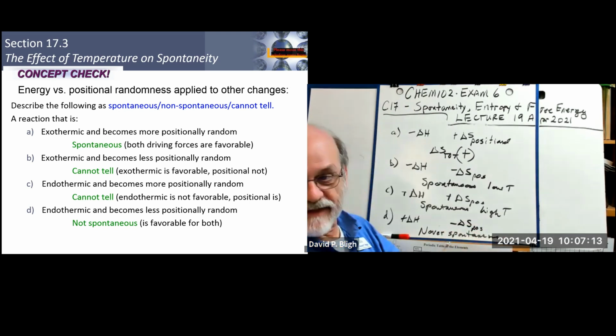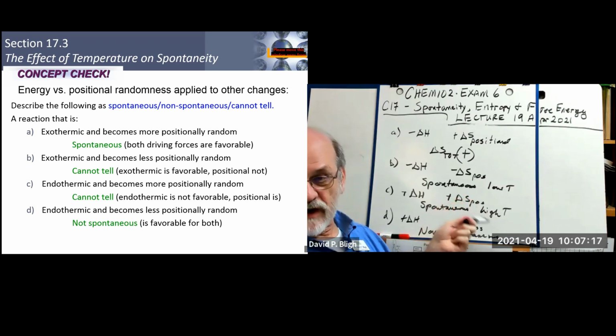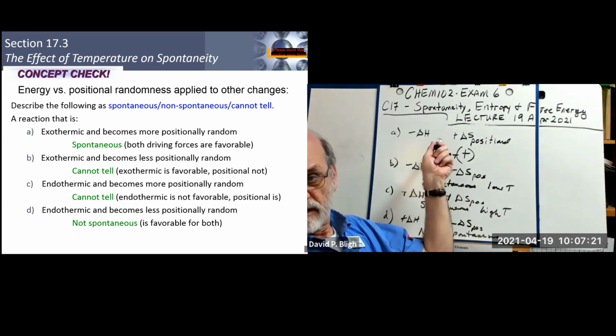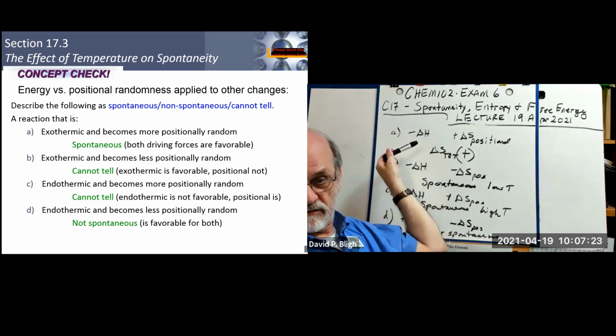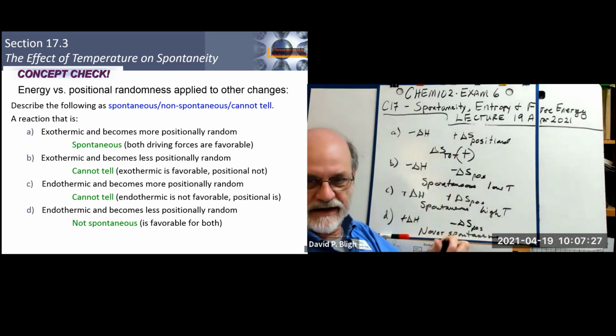But what do we say about that? It's not spontaneous in one direction, but it is in the other direction. Same for this one. This would be spontaneous in the conditions that were given, but in the reverse direction, it'd be non-spontaneous.